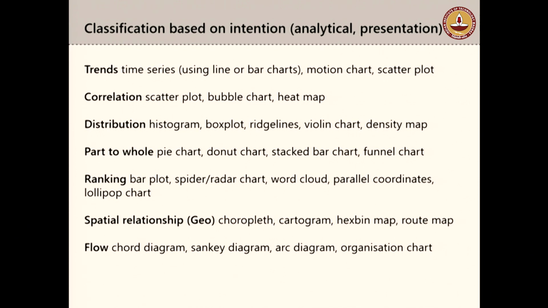So most of these correspond to the analytical part of it. You're trying to analyze, right? Or you want to show spatial relationships, you want to show flow. So you look at that, you're using similar kinds of charts that you used in the form based classification, but the intentions are different, right? You're looking at what it is that you want to show. I want to show part to whole, okay? I want to show the spatial relationship of a particular location and how far it is from other locations.